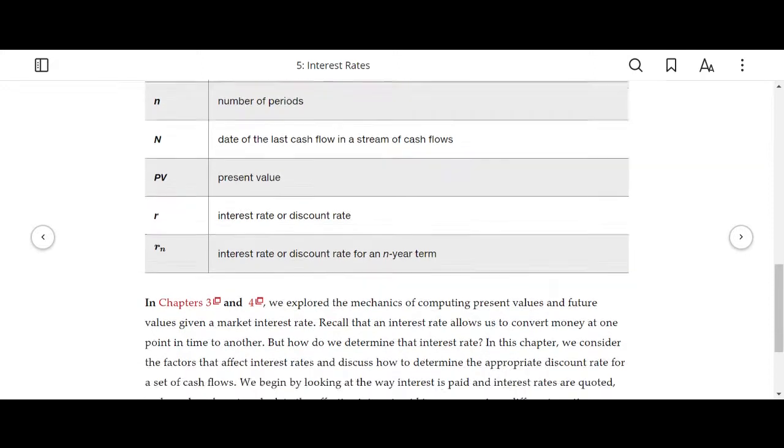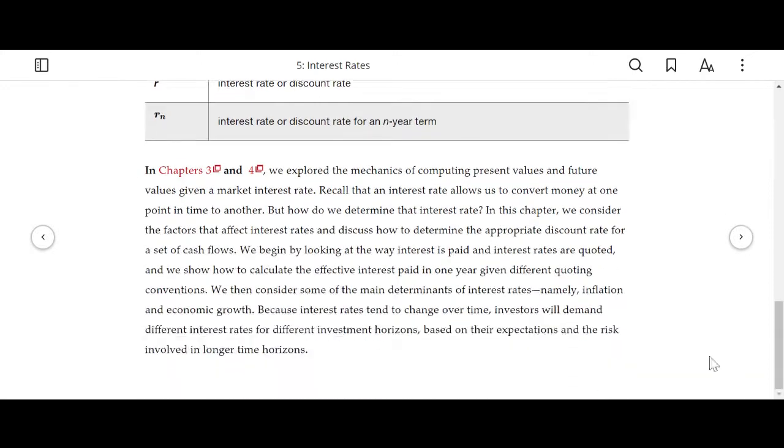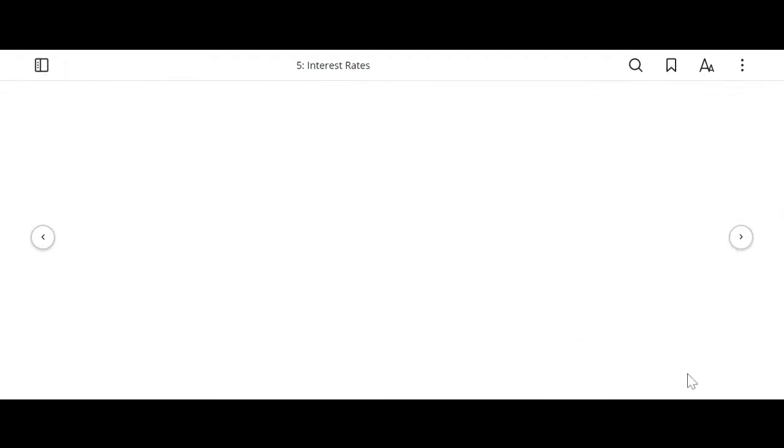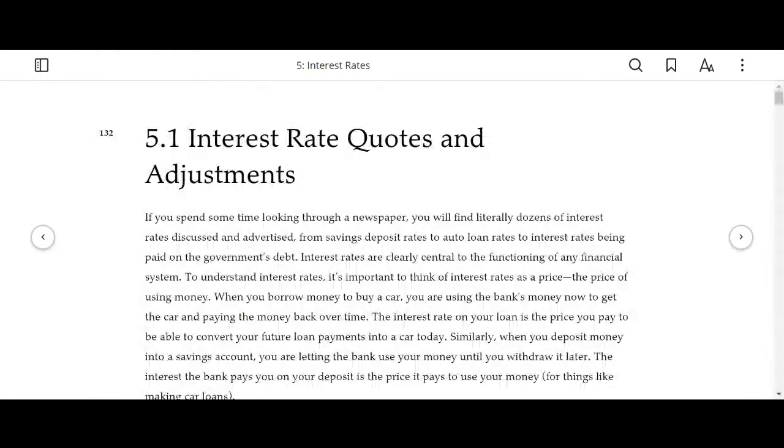So basically, it's like when you have a credit card and they have what they call an EAR and an annual rate, and the way it's calculated on a daily or a monthly or every 6 months basis. Those are the kind of interest rates that we're going to be dealing with.